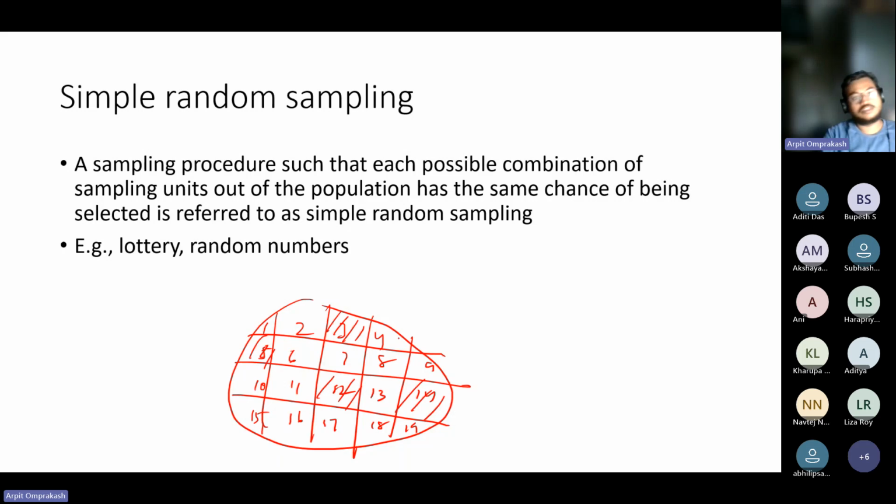So we'll sample in these 4 places. So that is known as random sampling. Since we are as likely to pick any chit, the probability of picking one chit is the same as the probability of picking another particular chit. So that's why this is called random sampling. And basically all the sampling units have the same chance of being picked as a sample.